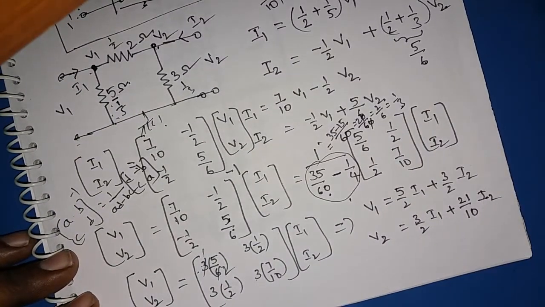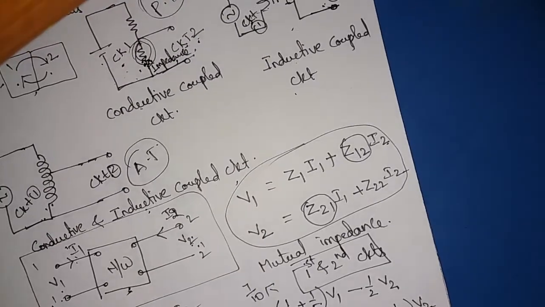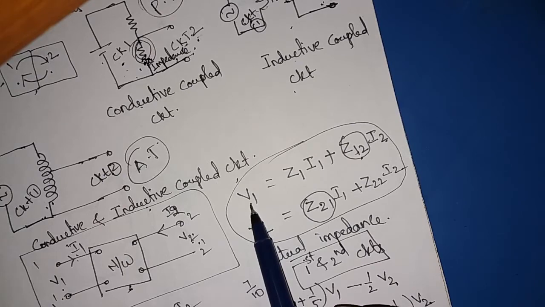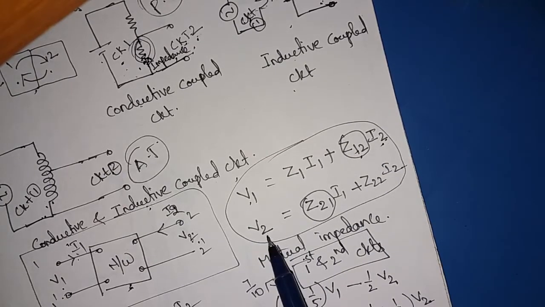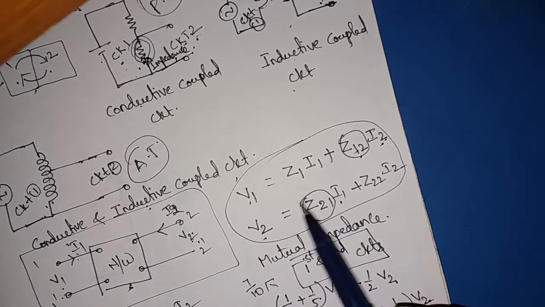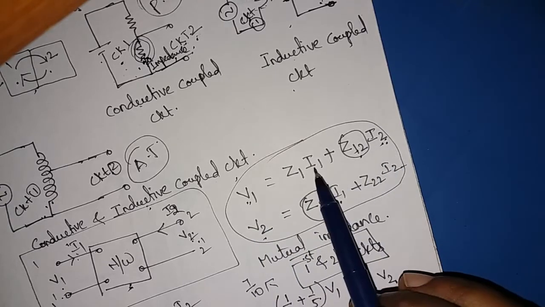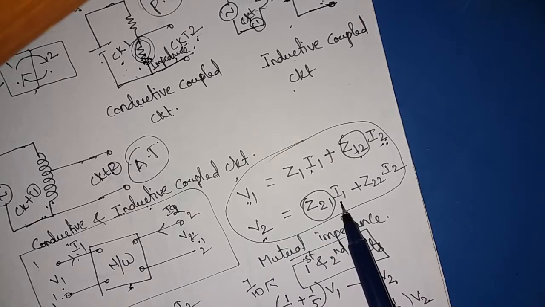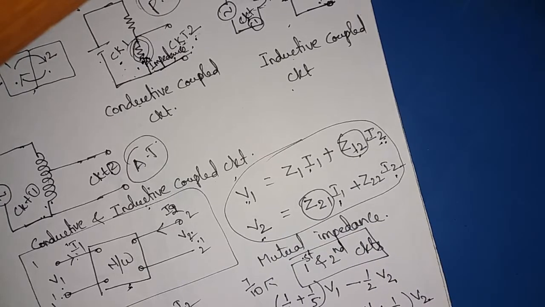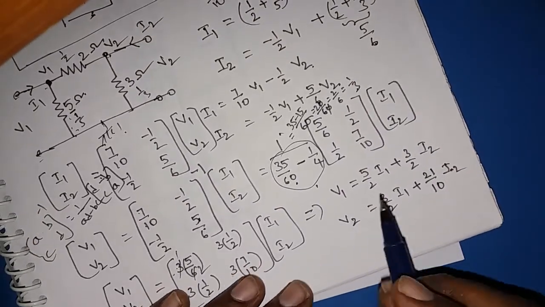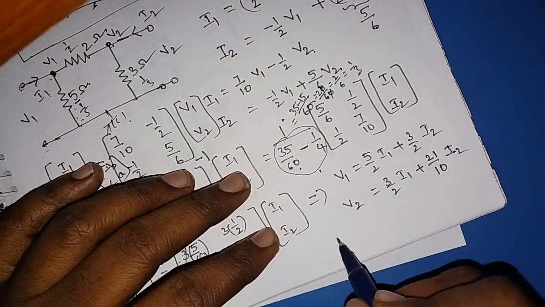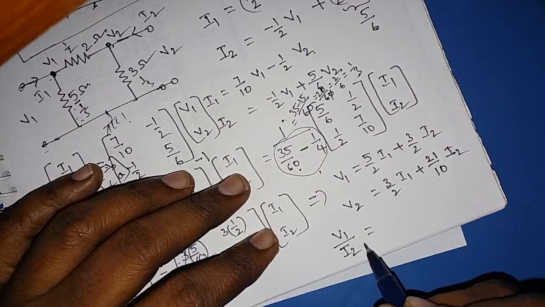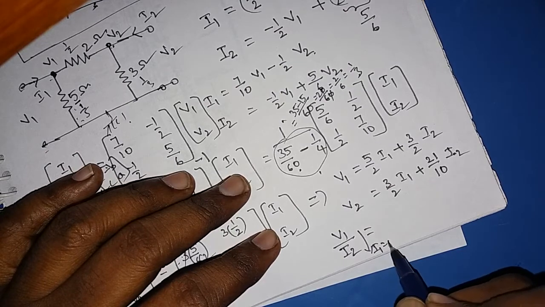So hence what is mutual impedance? The mutual impedance may be this value or this value, in the sense either V1 by I2 when I1 is equal to 0, or similarly V2 by I1 when I2 is equal to 0. That means here mutual impedance is V1 by I2 when I1 is equal to 0.